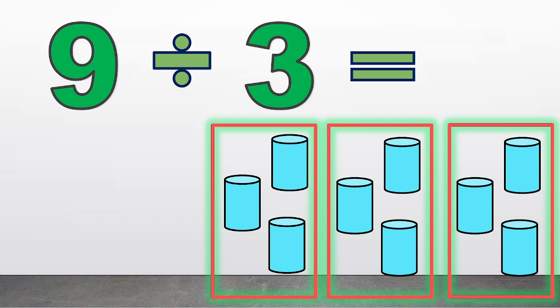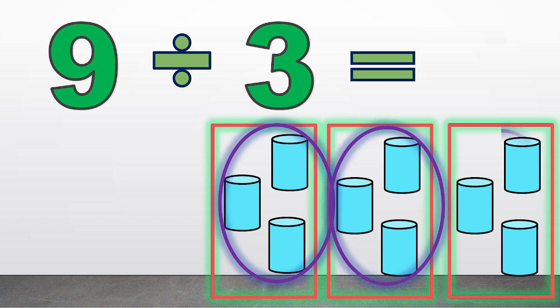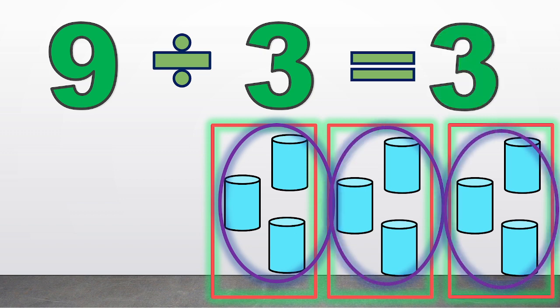So, the answer is 3 cans in each group. 9 divided by 3 equals 3.